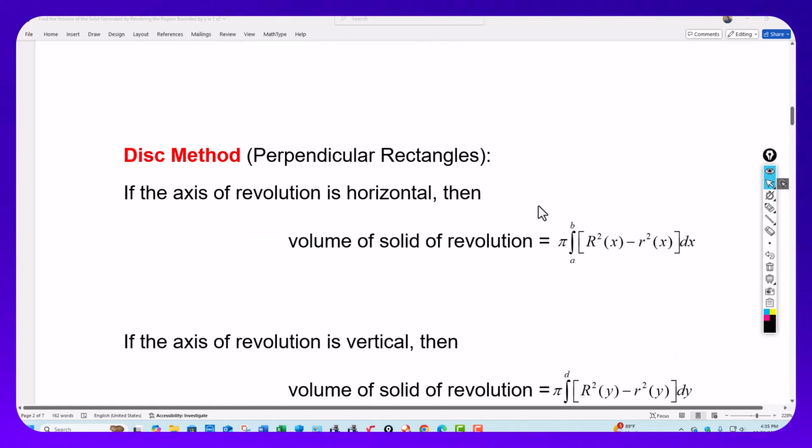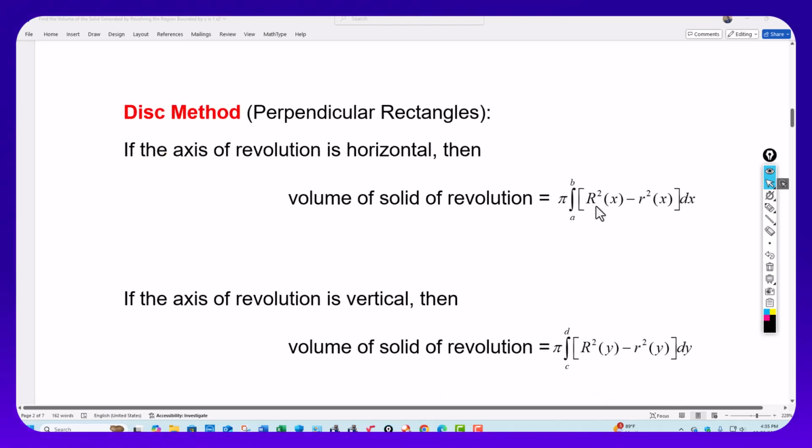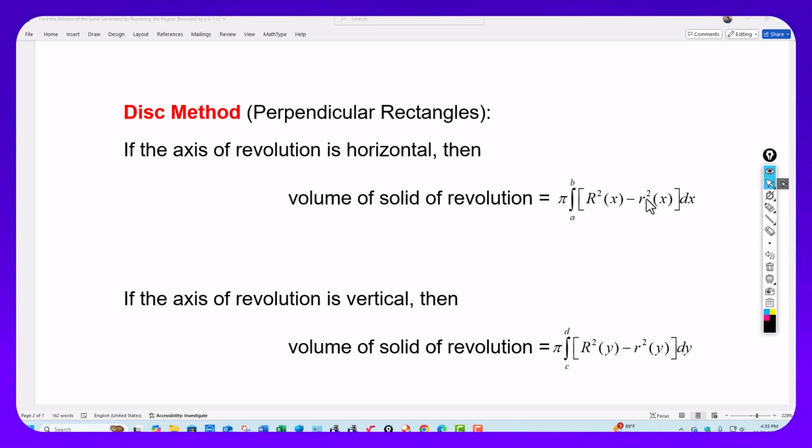So in this formula, if the base of the region coincides with the axis, then r is going to be 0, and that term is gone. You just take the outer radius, square it, and this will usually be a function of x, usually the function that's given. And of course, you're going to have your definite integral.